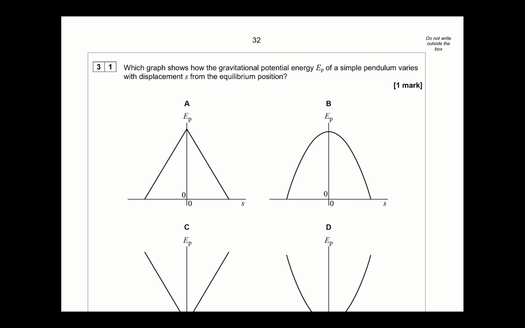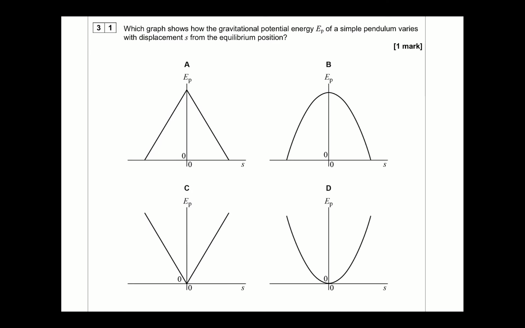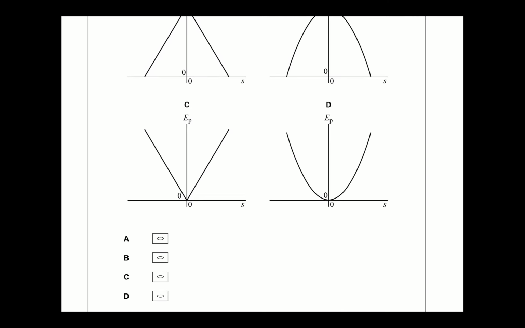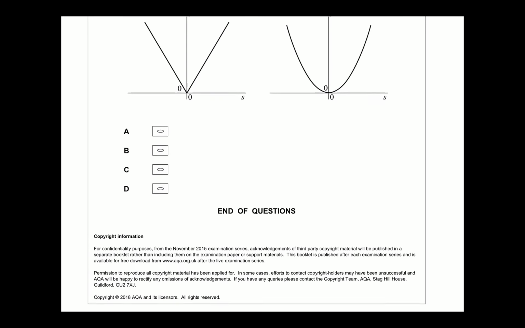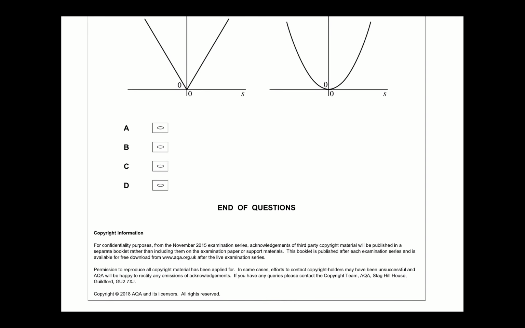Okay. All right. Which shows the gravitational potential energy of a simple pendulum with displacement S from the equilibrium position? I very much want to say it's D. Because it is.